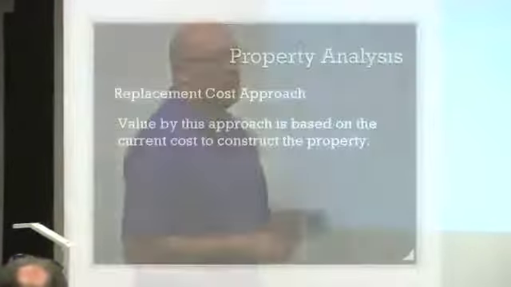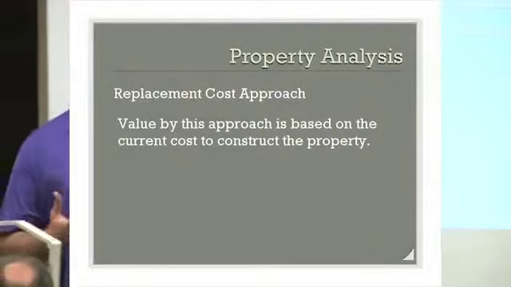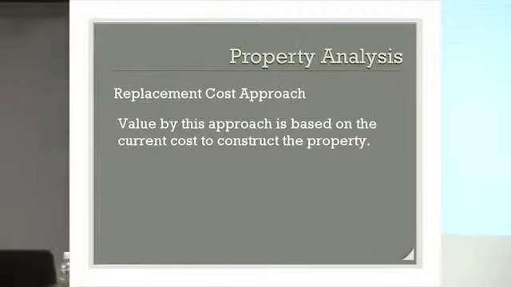Okay? So the replacement cost approach. The definition is value by this approach is based on the current cost to construct the property. So let's say that you've got a 4-unit building, and the 4-unit building has a fire, it destroys it. And it costs $200 to replace that, okay?